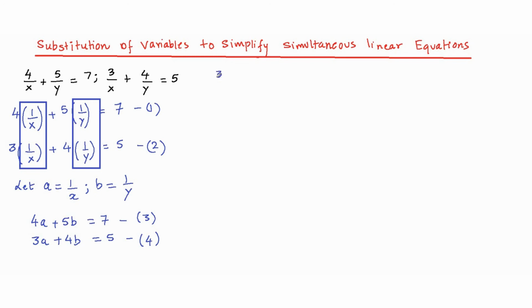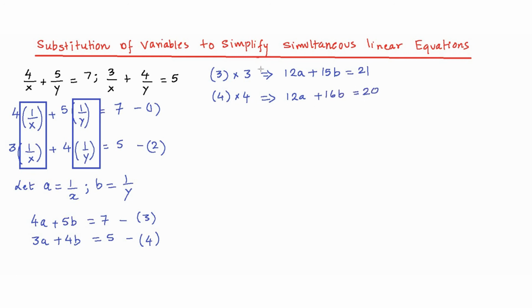So I am going to multiply the third equation by 3 and the fourth equation by 4. When I multiply the third equation by 3, I get 12a plus 15b is equal to 21. And when I multiply the fourth equation by 4, I get 12a plus 16b is equal to 20, right?